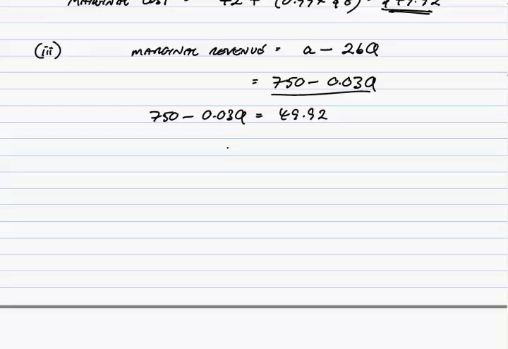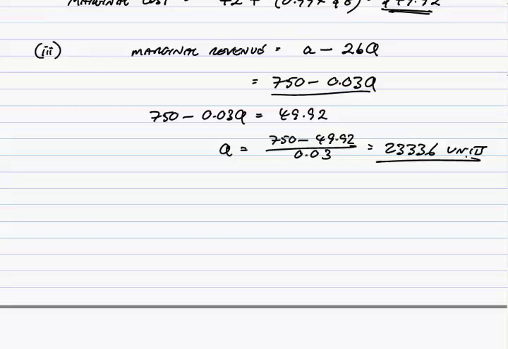Rearrange and divide. Q is 750 minus 49.92 divided by 0.03. Q comes to, again, maybe a little bit of rounding, but that's irrelevant, 23,336. But we're not there yet. They want optimum price and quantity.